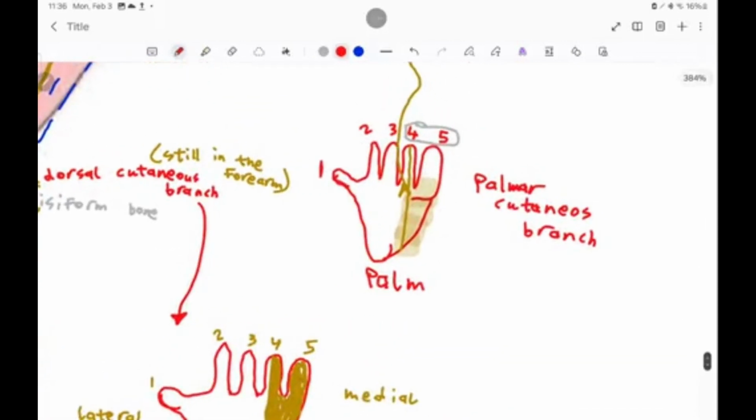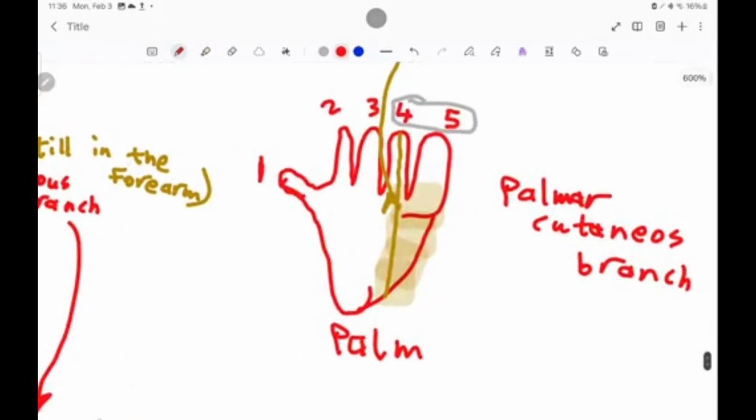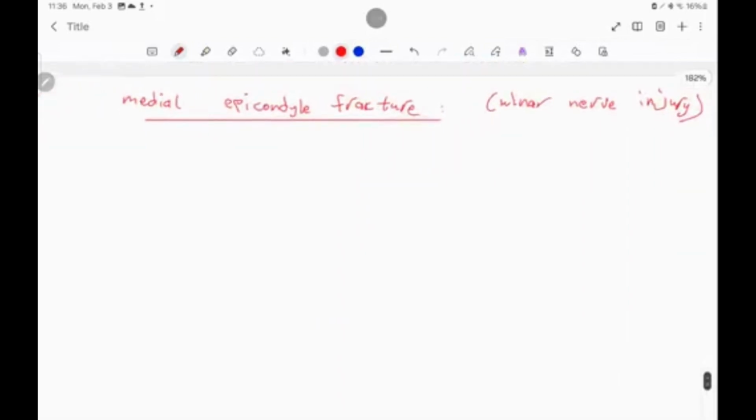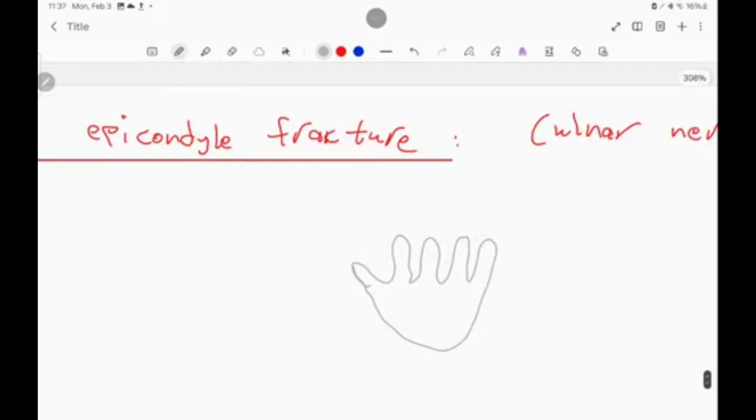The sensory innervation in his 5th and 4th fingers, on both the dorsal and palmar aspect. يعني the sensory loss will be on all of this part. So all of this sensory innervation will be lost, and this is the palm.